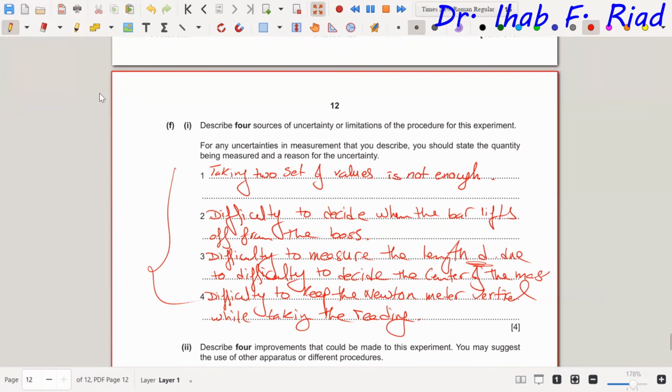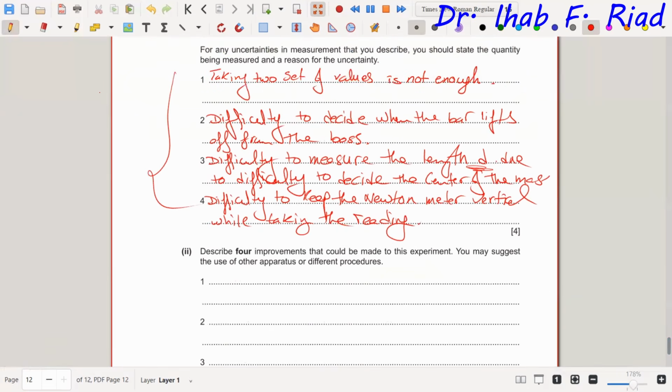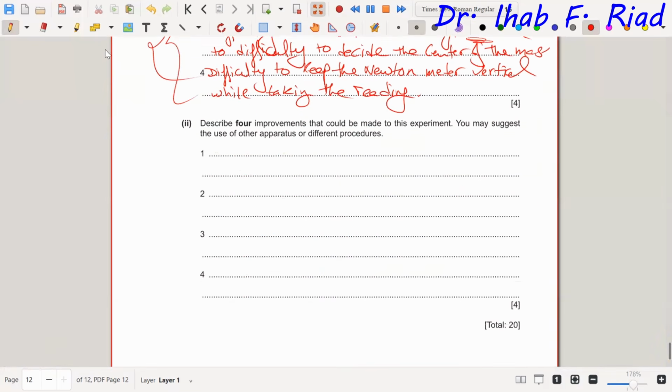Okay. So what I'm saying is that the recommendation is always going to be a solution to what we found difficult in the first part. So the first one, what do you think the recommendation is going to be?